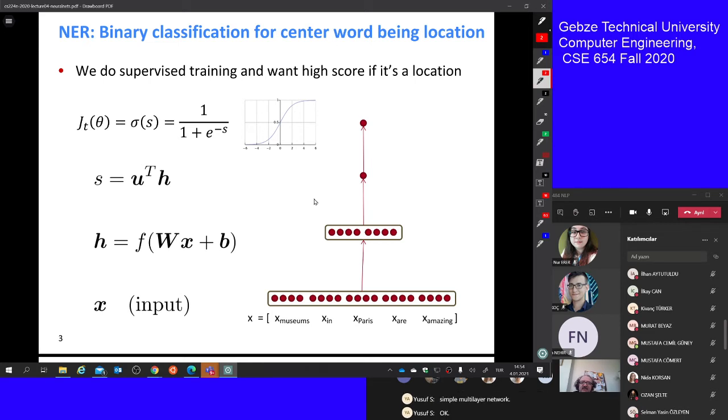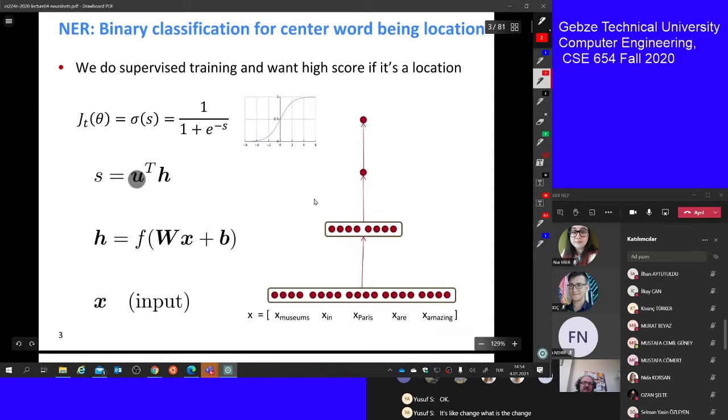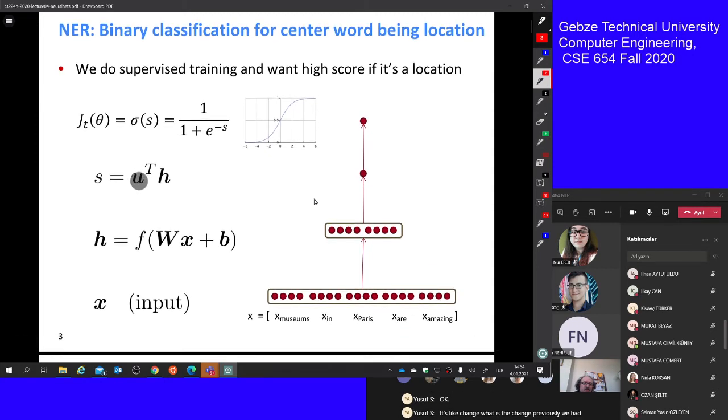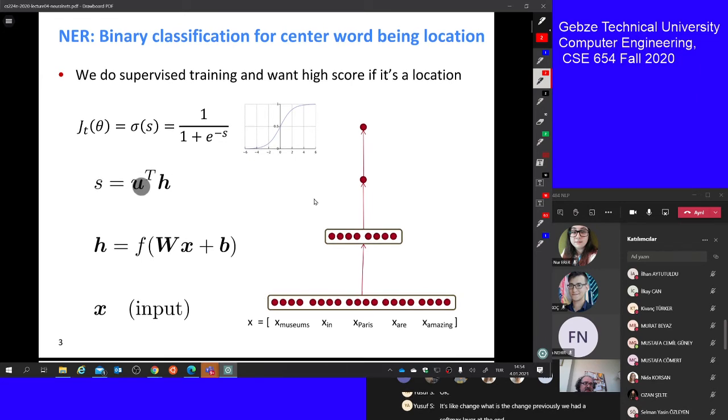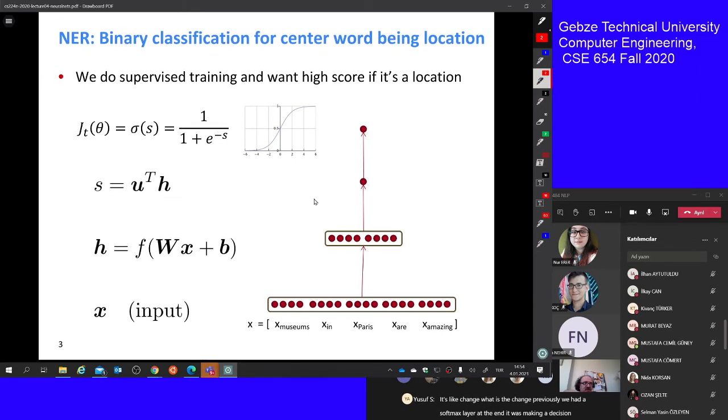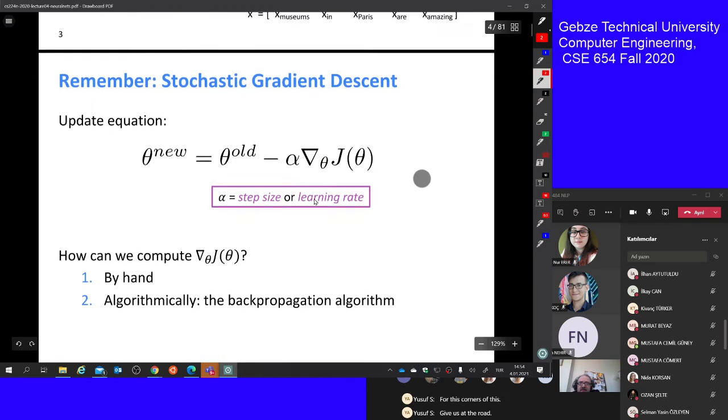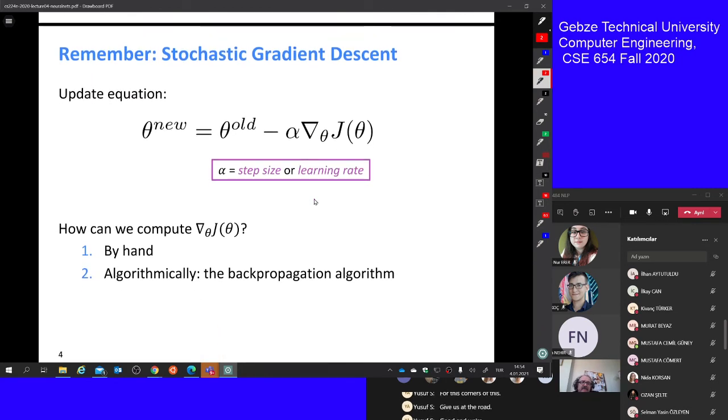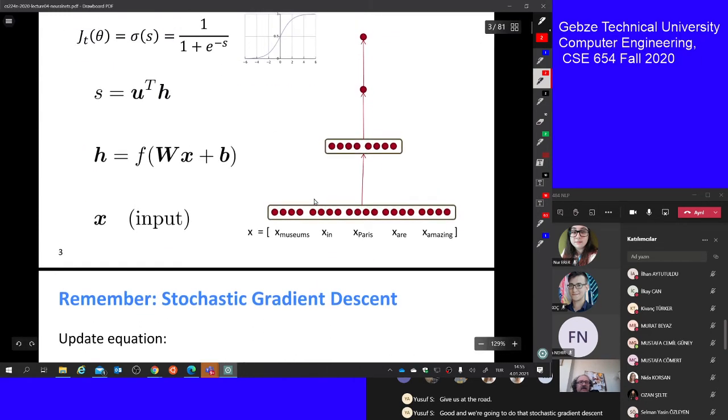A slight change. What is the change? Previously we had a softmax layer at the end. It was making a two-class decision, true or false. This one just gives a score between 0 and 1 for the location-ness of this given center word. Good. And we are going to do stochastic gradient descent.